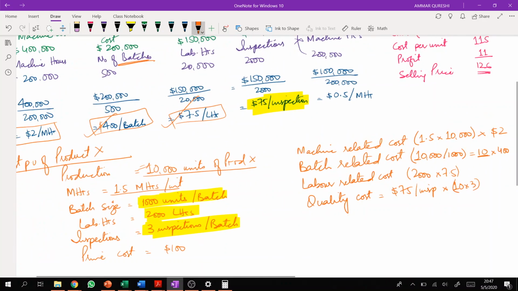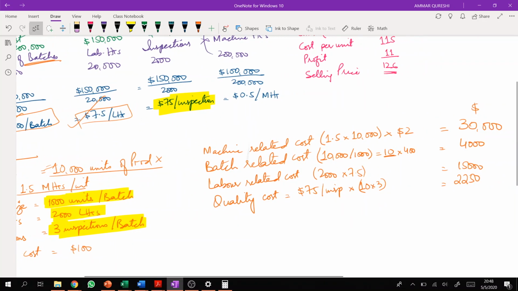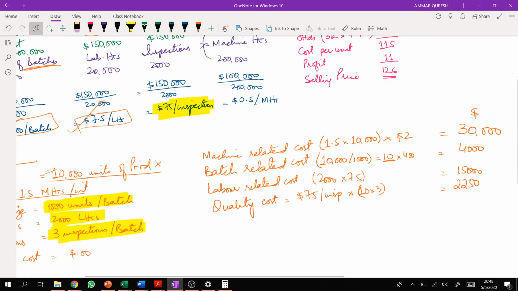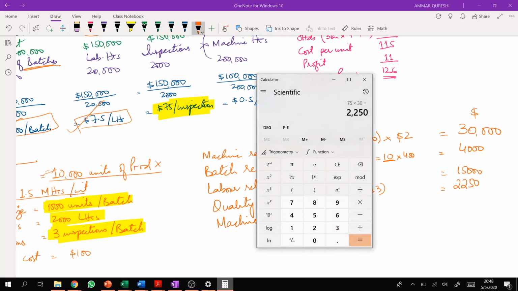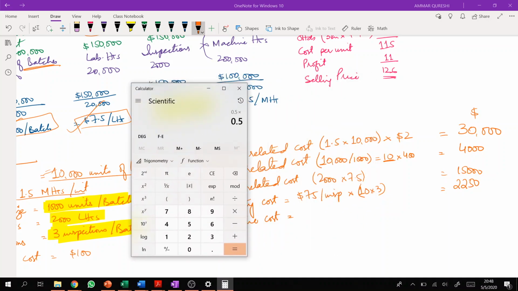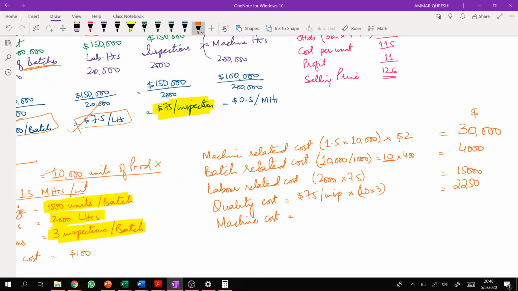What's next? The last option is machine cost. Machine cost is 0.5 per machine hour. And how many machine hours? 15,000 machine hours.